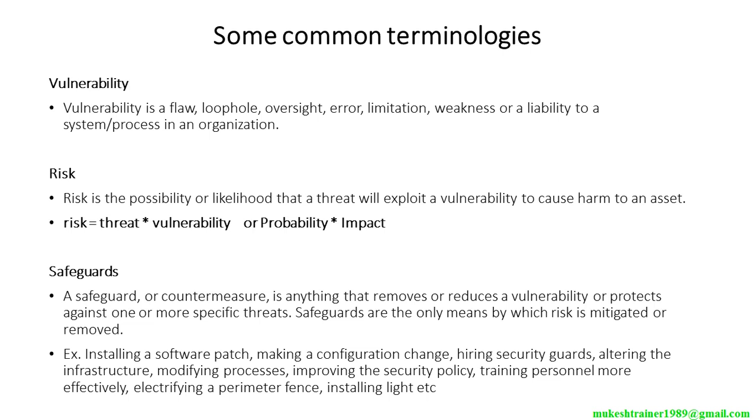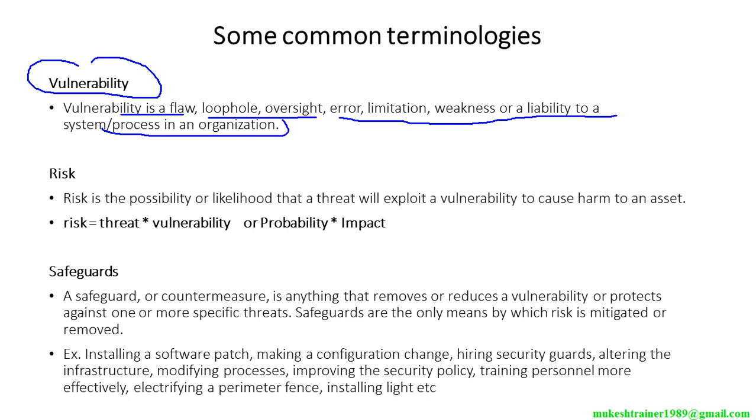There is another common term that is called vulnerability, which is a flaw, loophole, oversight, error, limitation, or weakness in a system. So you are using a system and it is vulnerable, so you need to make sure that all the ports or entrances to that particular system are closed to outside users.